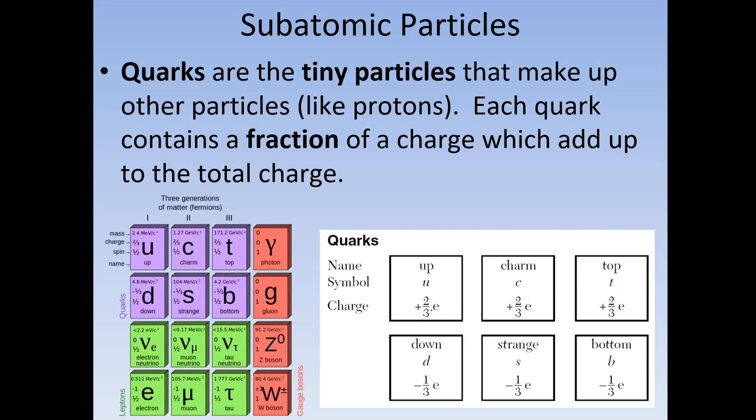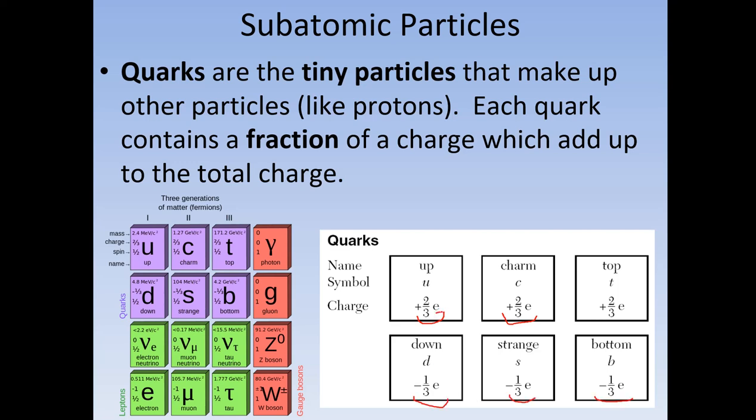And one thing that's really nice for you to notice is that the charges on the quarks are all consistent. So all the positive-sounding terms, up, charm, and top, are given positive charges, plus 2/3, plus 2/3, plus 2/3. And then all the negative-sounding traits, down, strange, bottom, are given negative charges, negative 1/3, negative 1/3, negative 1/3.